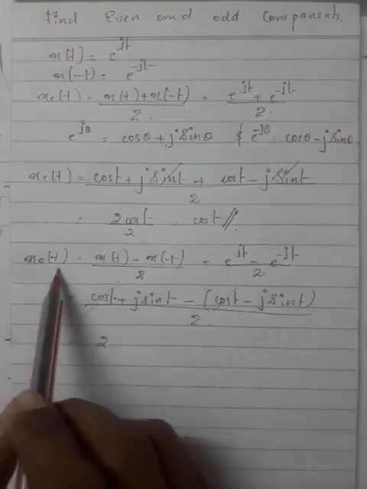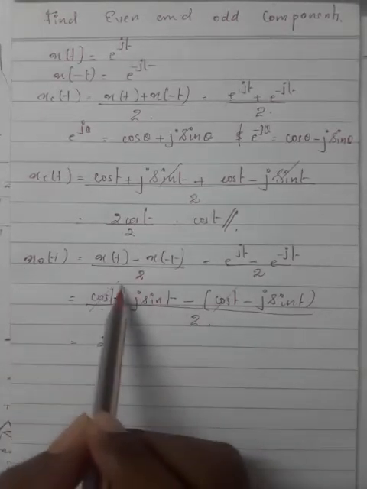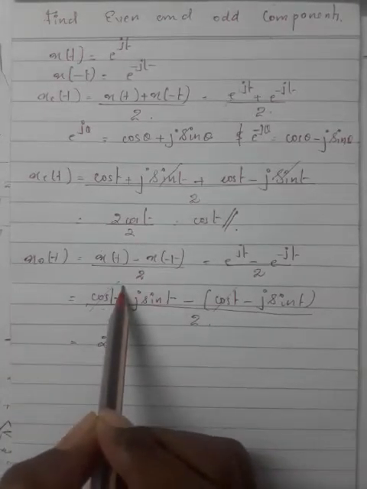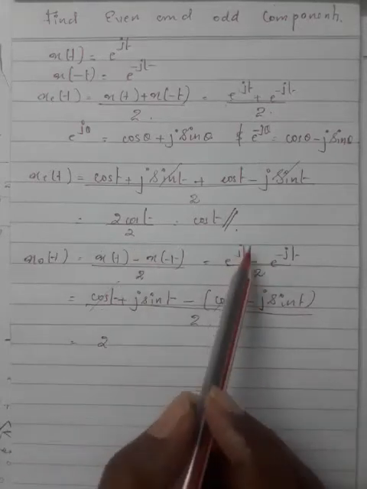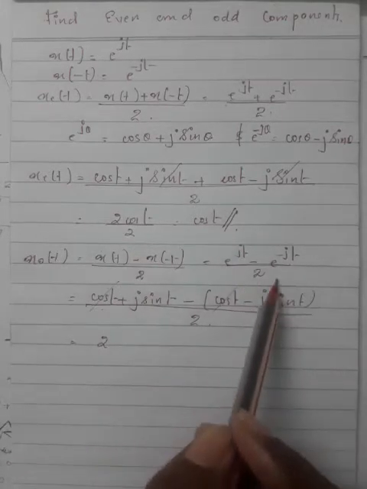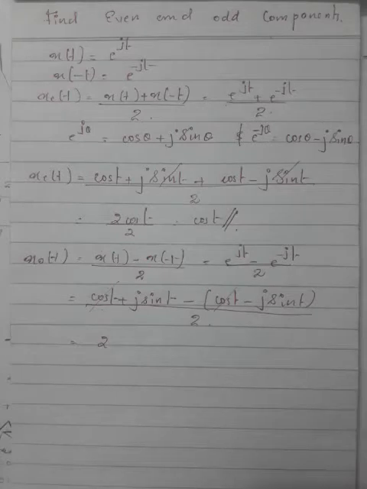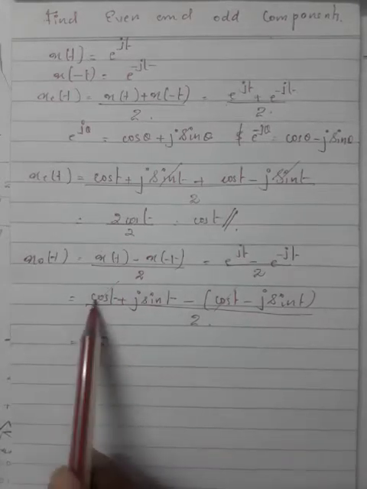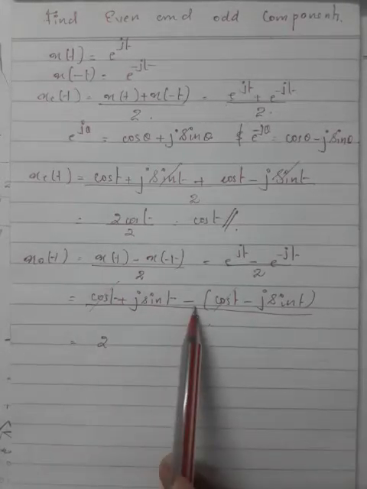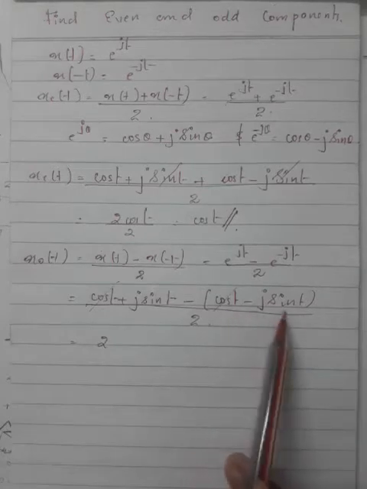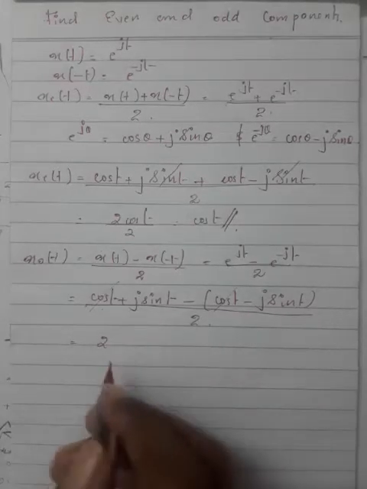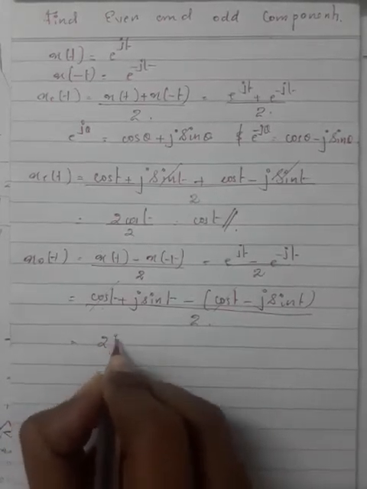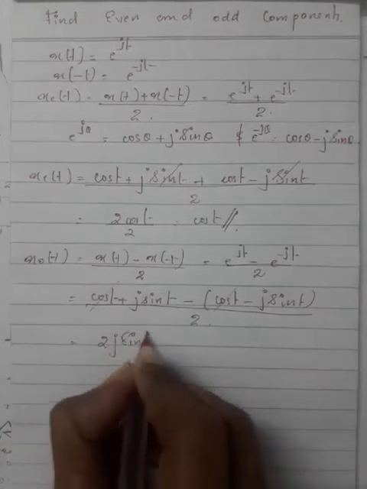Similarly, x odd of t equal to x of t minus x of minus t by 2. This can be written as e raised to jt minus e raised to minus jt by 2, which is equal to cos t plus j sin t minus cos t minus j sin t, which will be equal to 2j sin t.